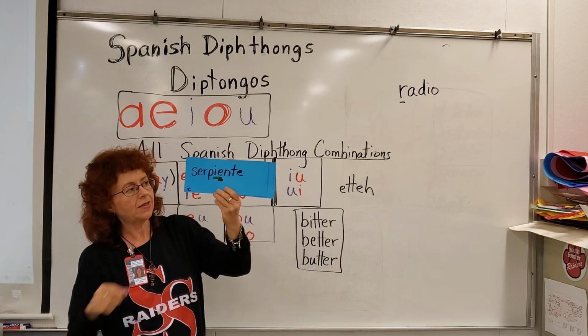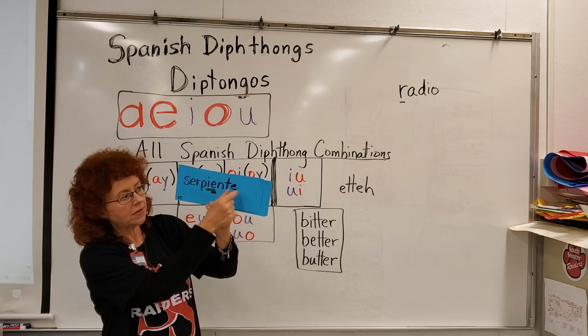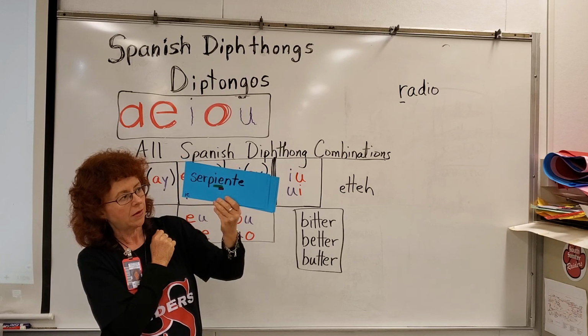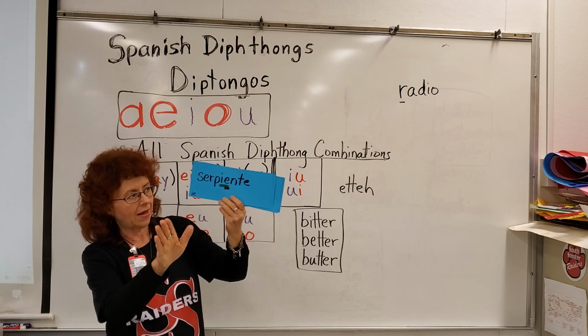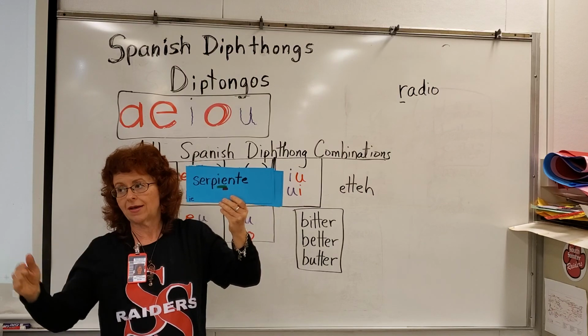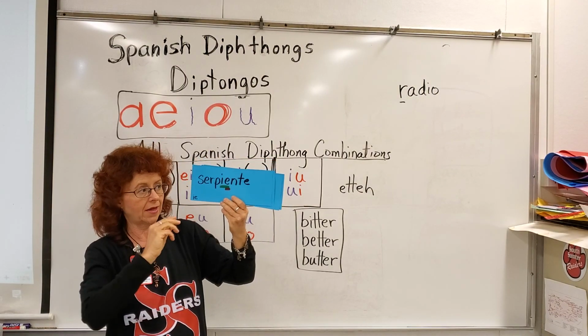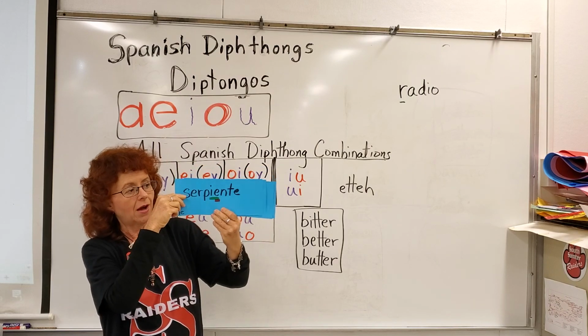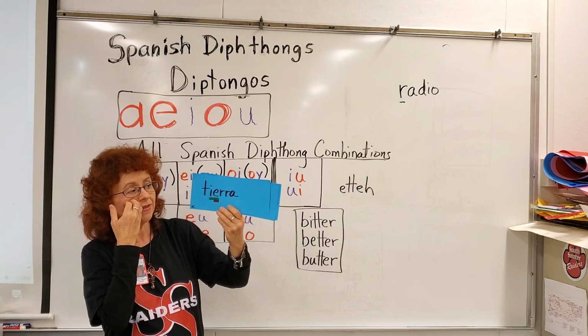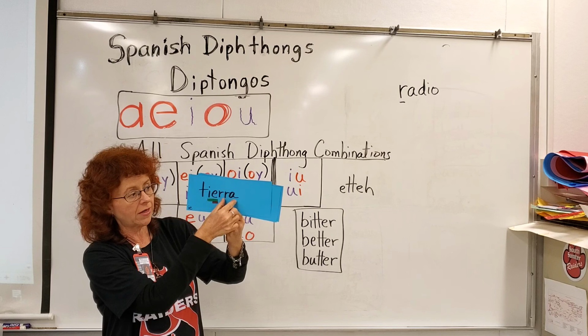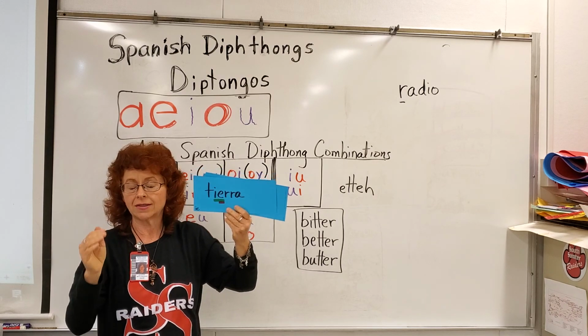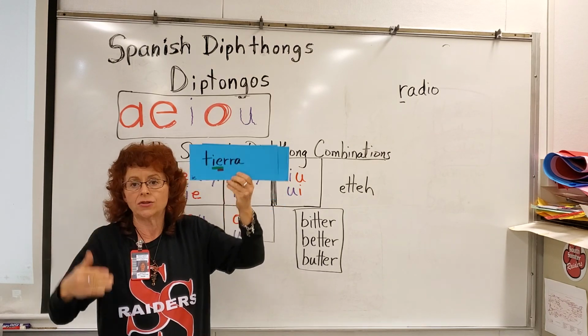All right? 3 syllables. Syllable, syllable, syllable. Serpiente. And not serpiente. It is serpiente. 3 syllables. That's it. Piente. Okay. All right? And this one has 2 syllables here and here. And the second syllable does have the rolled R if you can do it.